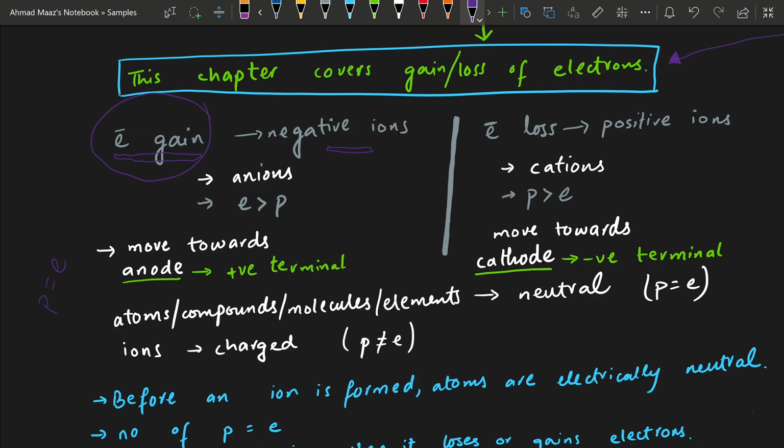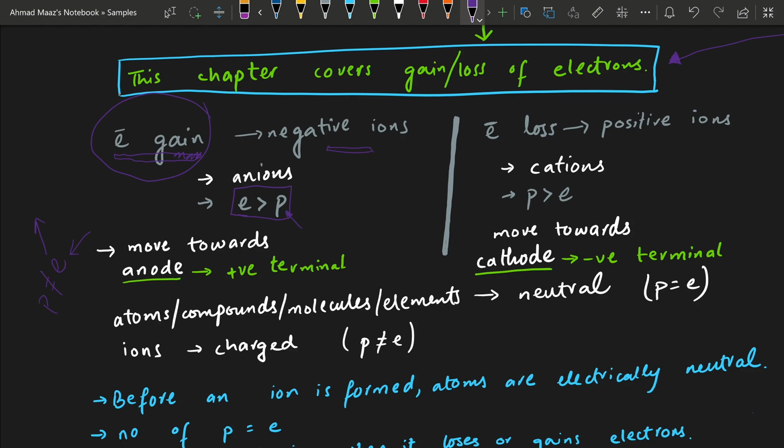But when this is disturbed, when an electron either leaves a shell or enters an atom, now the charges are disturbed. Now the number of protons is no more equal to the number of electrons. When electrons are gained, the number of electrons will be more than the number of protons, because protons are not leaving the atom.